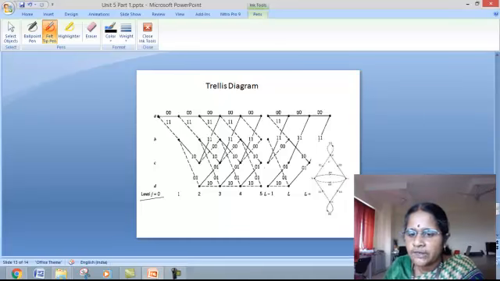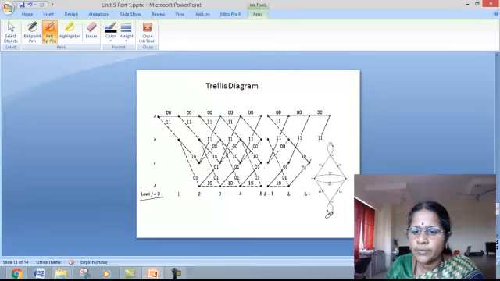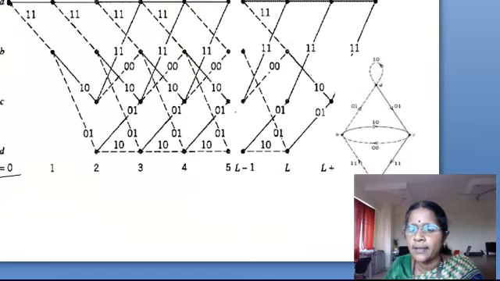So the state is A, and when the input is 0, it remains in the same state, producing an output of 0, 0. Here also we follow the same convention. Solid line indicates an input of 0 and dashed line indicates an input of 1. So when an input of 0 is encountered, the next state also is A. So we are in the same row, producing an output of 0, 0.